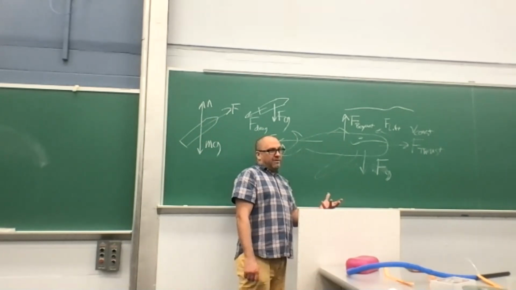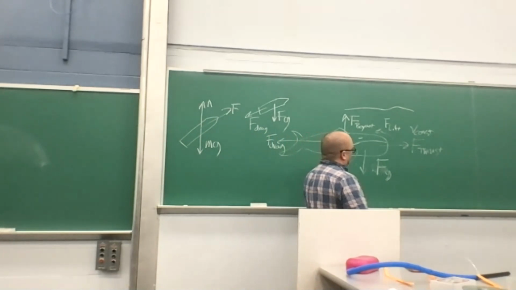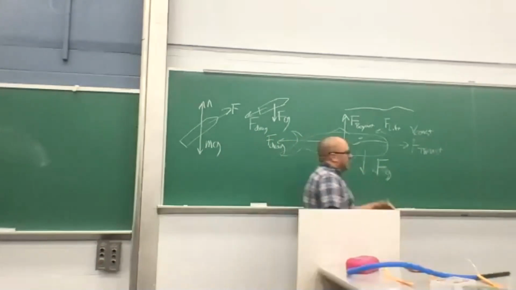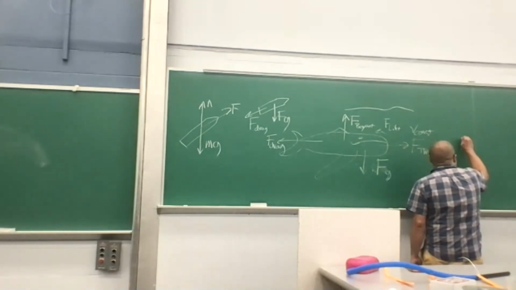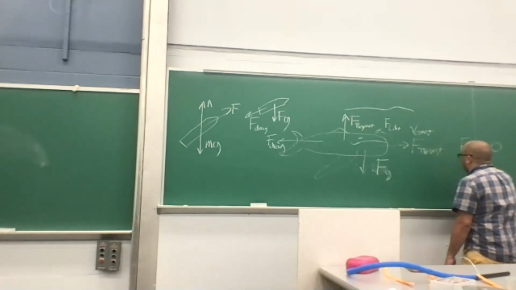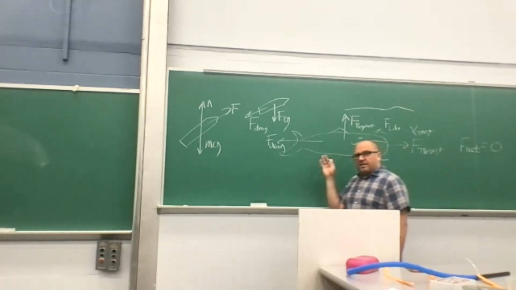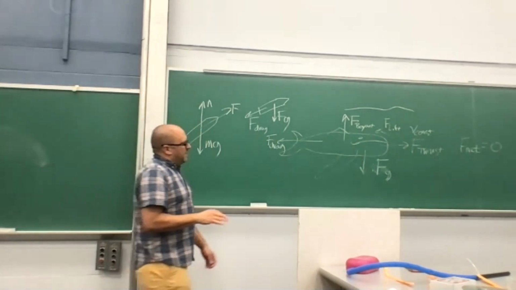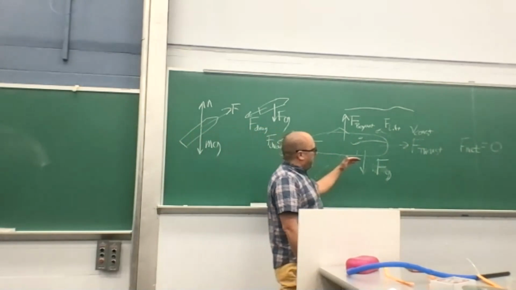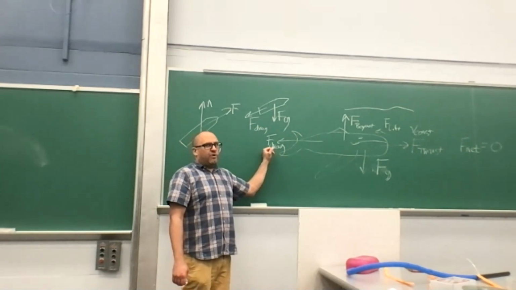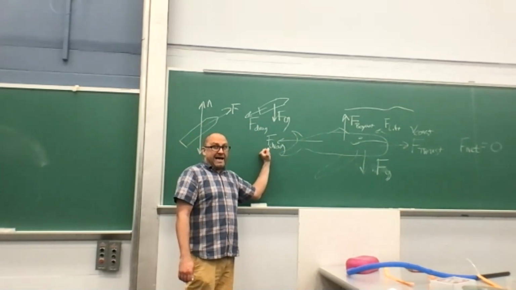Yeah, it's zero. So the net force, when it's swimming at a constant velocity and the depth isn't changing, is equal to zero. But to keep it swimming at a constant velocity, that means you're always having to overcome the force of drag.